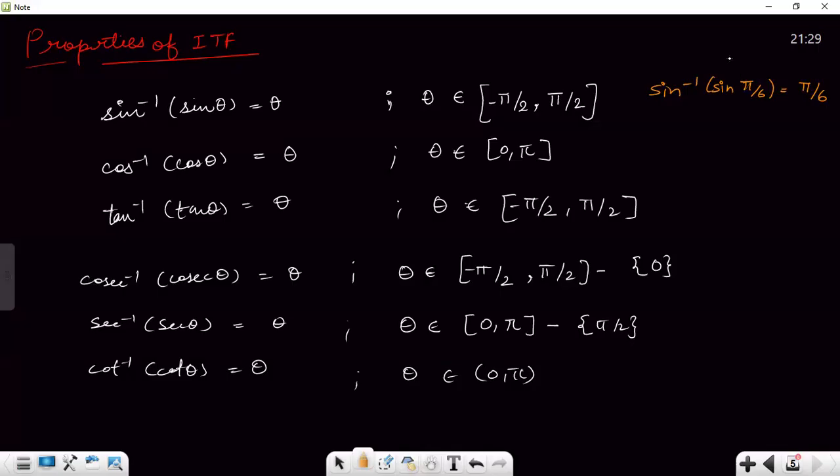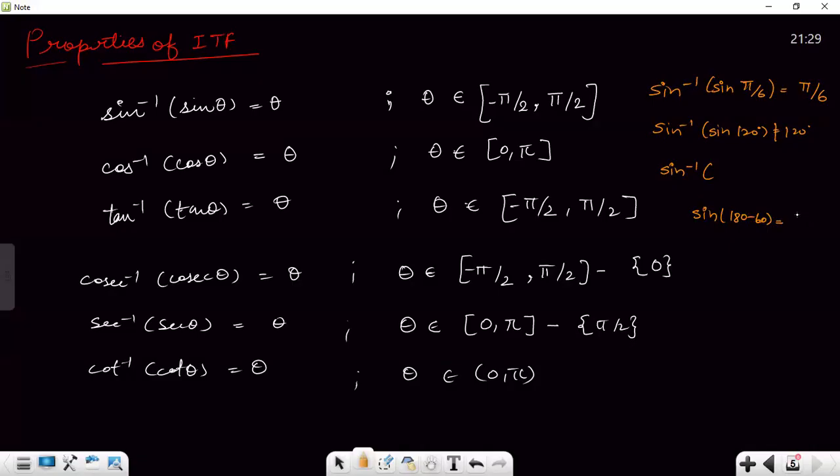If it is sine inverse of sine 120 degrees, then it will not be equal to 120 degrees. Why? Because it is not in the range of the inverse trigonometric function. So what will we do in this case? We will change sine 120 into something else. Sine 120 can be written as sine of 180 minus 60 degrees.